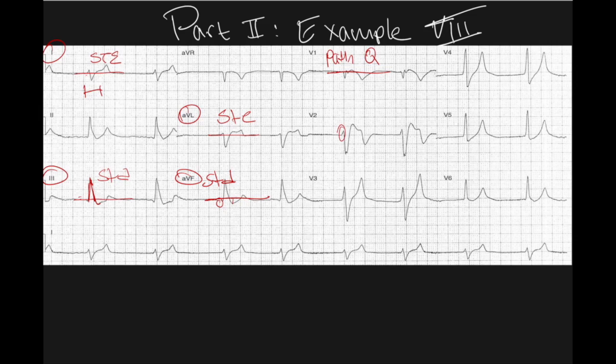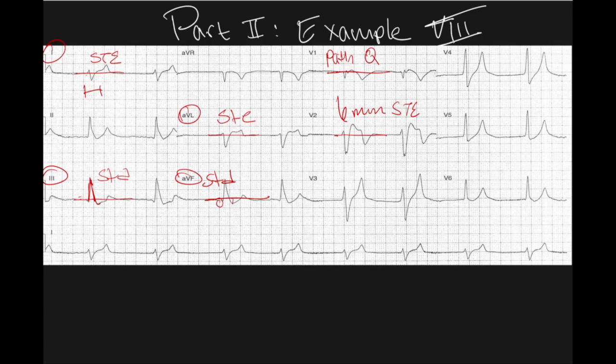We have this R wave with this slurred S wave, but as we come here, we see we have almost about 6 millimeters of ST elevation in V2. If we draw a baseline, we're almost a full box and then one little box above.